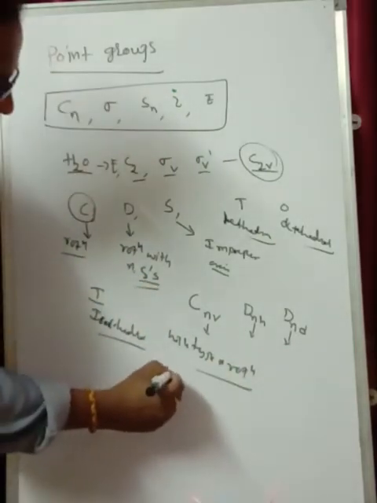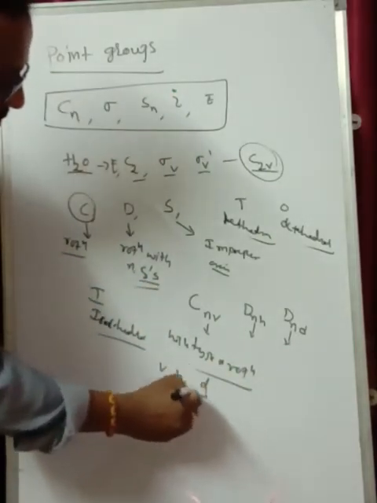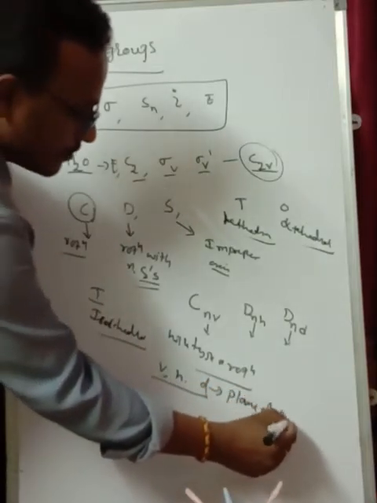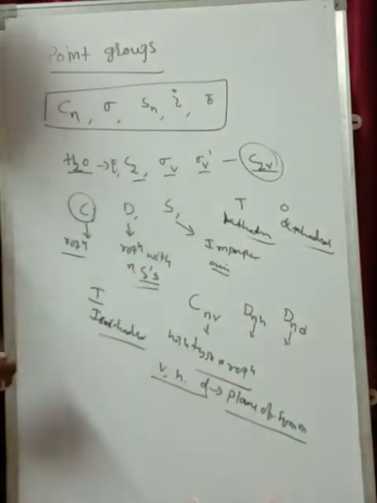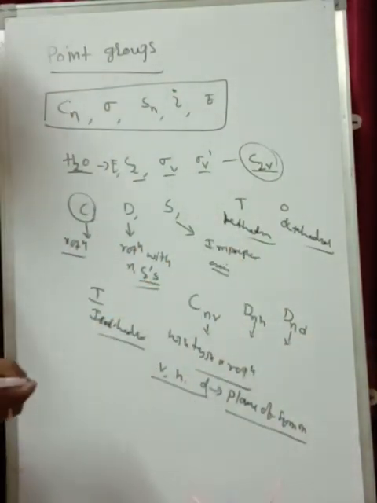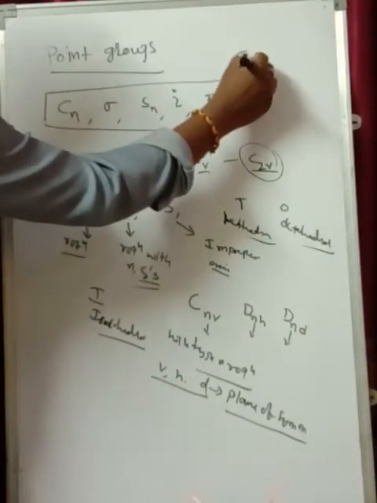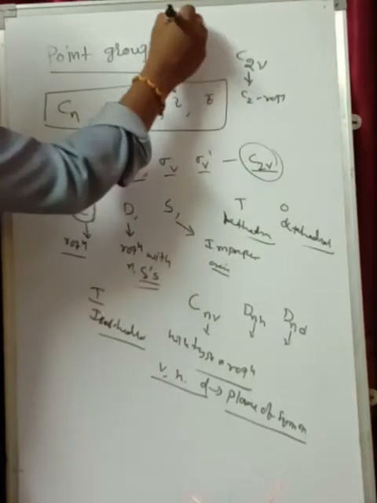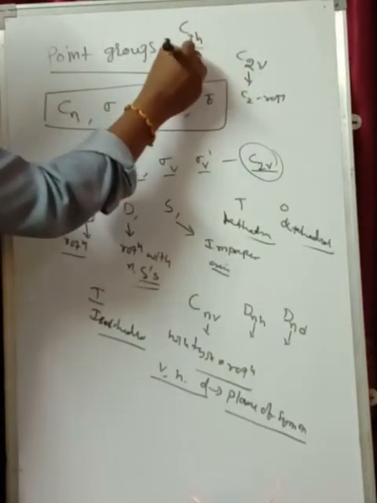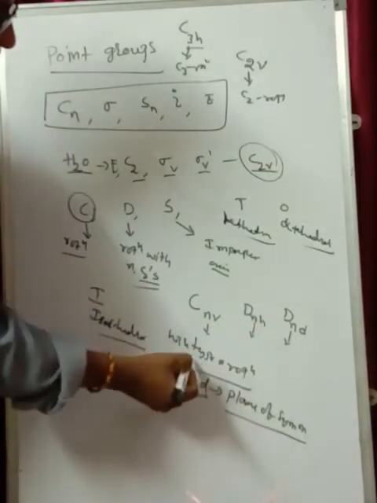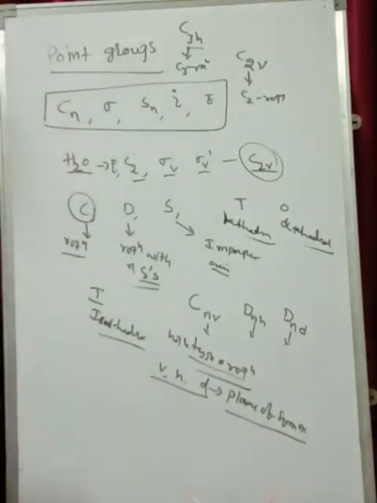And v, h, d all tell you about the plane of symmetry. This all represents the plane of symmetry. The n represents the type of rotation. For example, if it is C2v, that means it has C2 rotation. If it is C3h, that means it has C3 rotation. The value of n represents the type of rotation present in it.